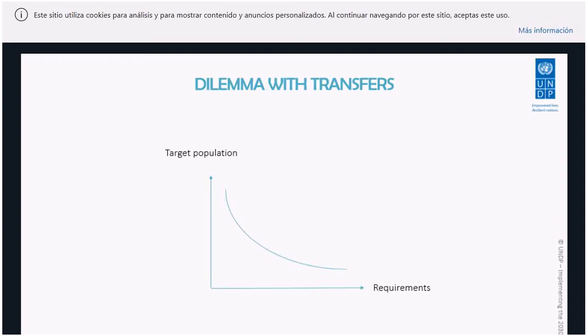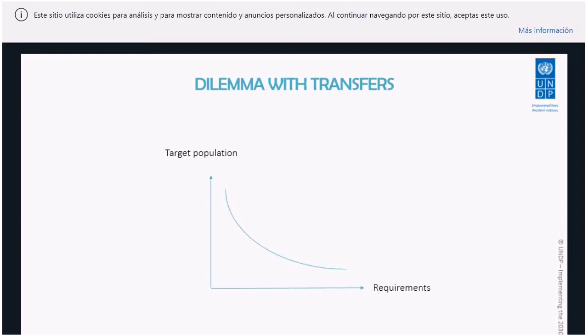I mean, there will be a lot of arguments, a lot of different reasoning, etc. So it is a dilemma, right? Let's keep things simple, and let's imagine that you are a policymaker who can implement a policy, a transfer.